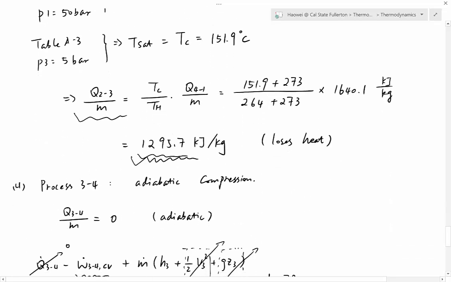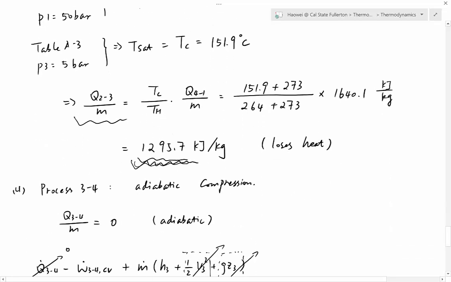And next one, before you plug in this 1295.7, we need to double check if we should plug in a positive number or a negative number because we are using first law. And you have to be very strict with the signs when you use first law. 2 to 3 is the condenser. That's where you lose heat. If your system loses heat, this heat transfer must be negative.